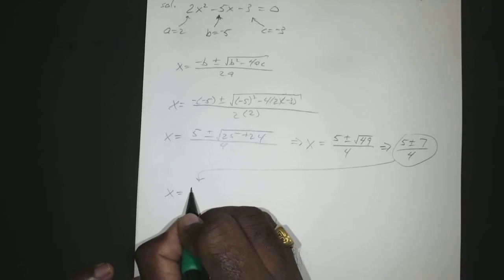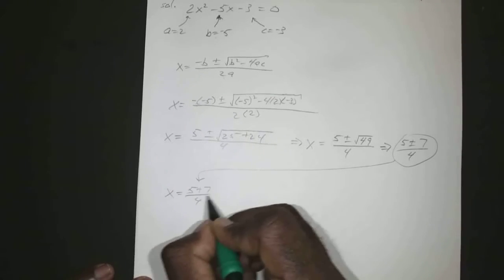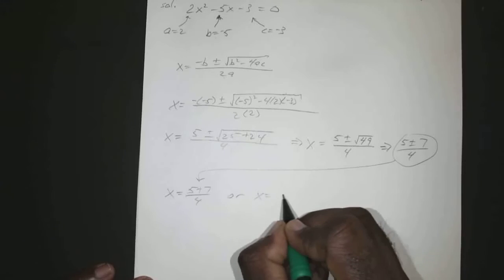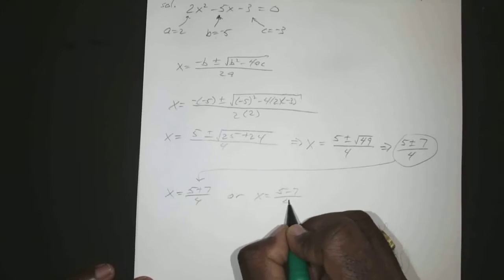So we'll just bring that down here. So that means that x can equal 5 plus 7 over 4 or 5 minus 7 over 4.